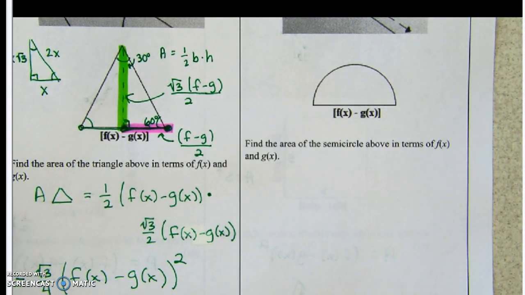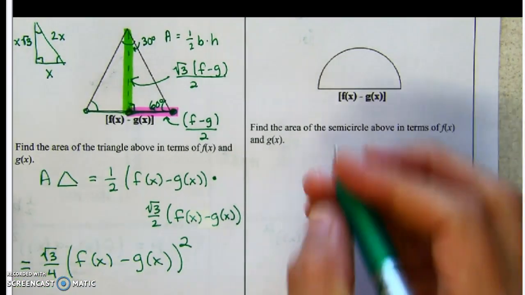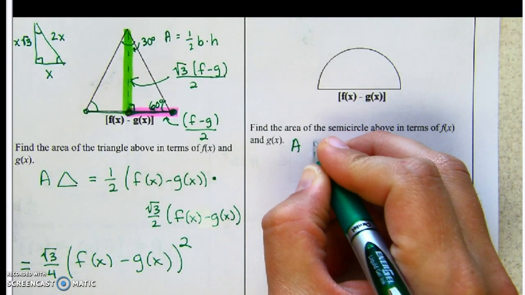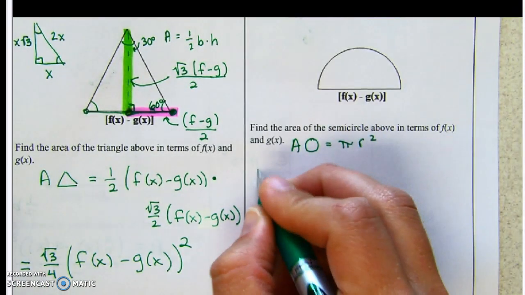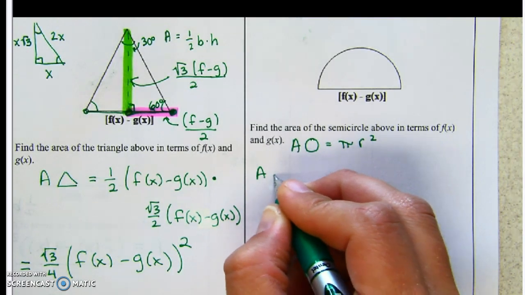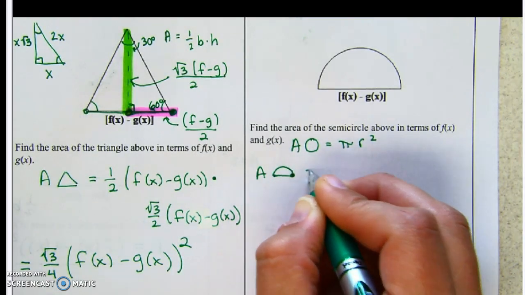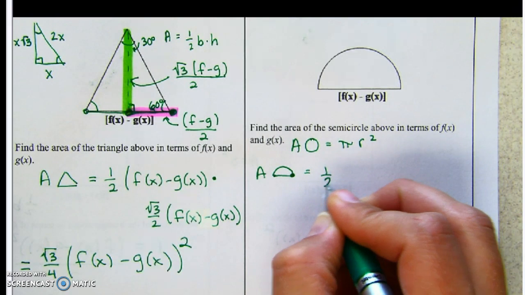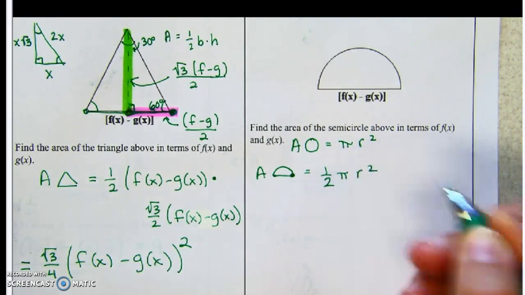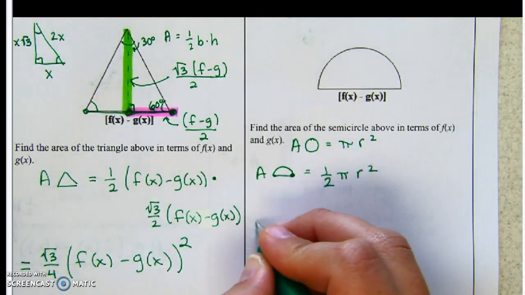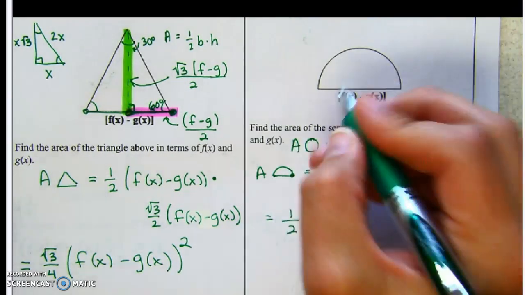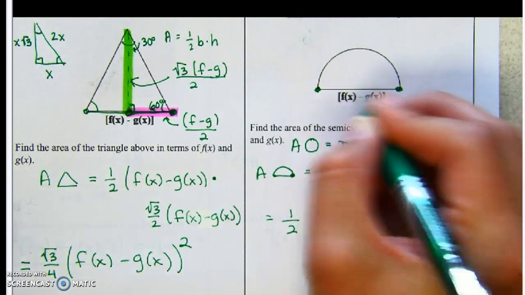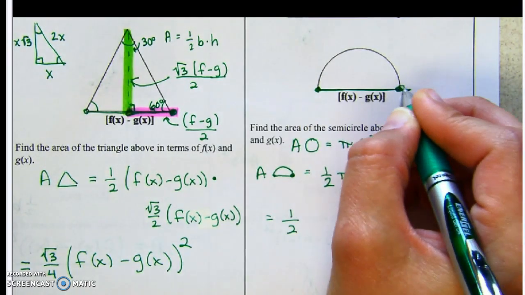The area of a whole circle is pi r squared, which means the area of a semicircle would be one-half pi r squared, but we need the radius. We don't have the radius right now. We have the diameter, which is top minus bottom.